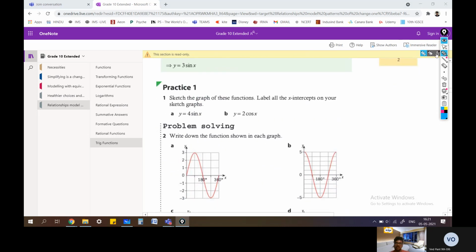Try sketching the graph on the graph paper without the help of a calculator. You have the graph paper or you don't?